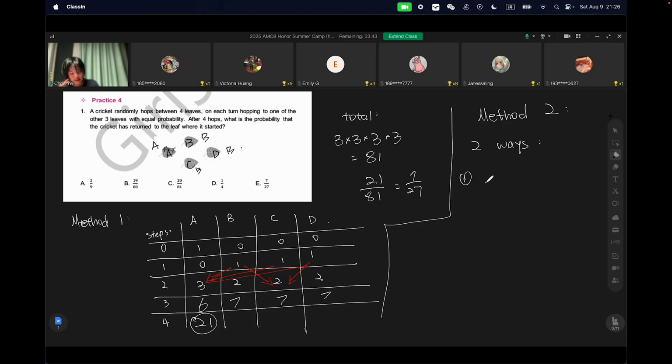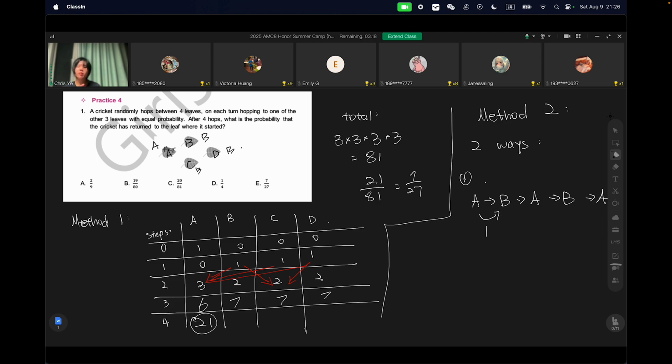So there are going to be 2 ways. One is that both the second step and the last step is A, because we know that the first and third step cannot be A. So the route is going to look something like this. And since we know that A definitely has to jump to B, then the probability of A jumping to B is going to be 1.